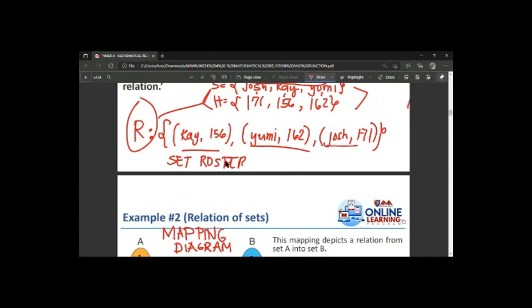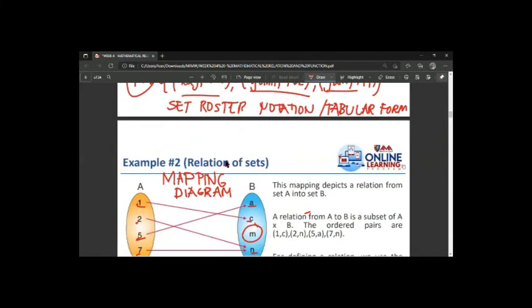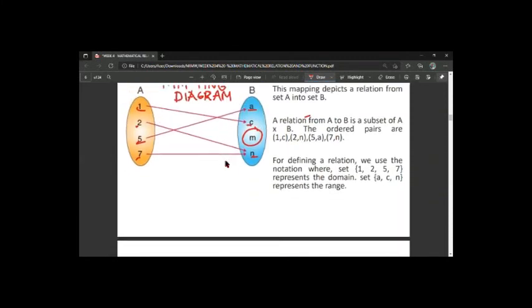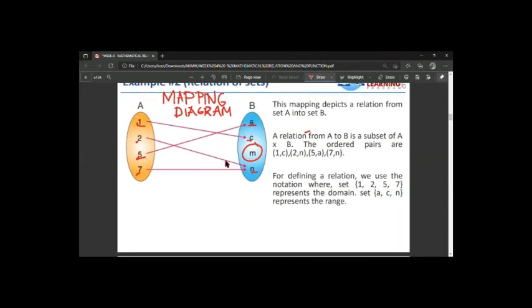If you remember. Or tabular form. So let's write it in tabular form based on the mapping diagram.